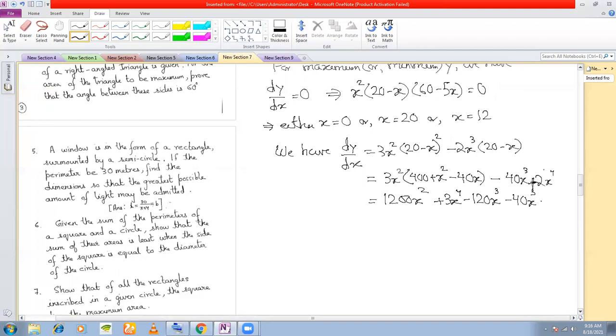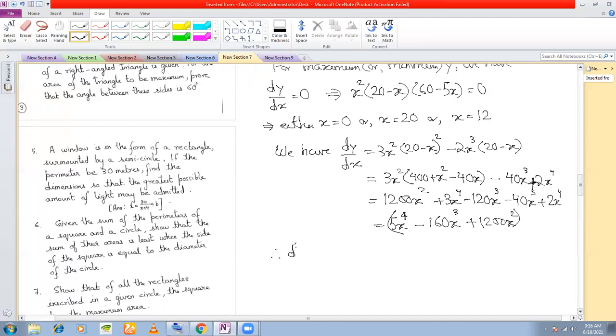Yes, this should be plus, because if you open the brackets, you'll get a plus 2x to the power of 4. So you get here 5x to the power of 4 minus 160x cube plus 1200x square. Now, because I have multiplied dy dx, now it is convenient for us to differentiate this.